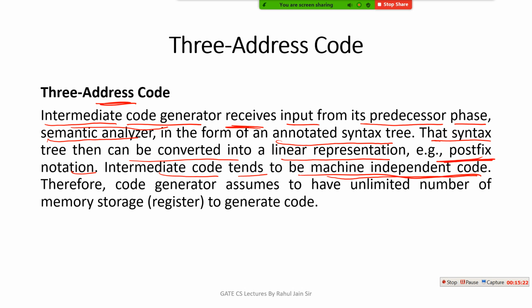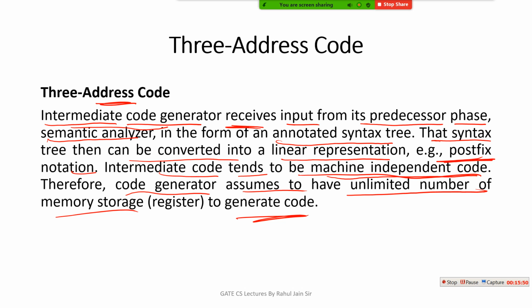Machine independent code does not depend on the operating system or the configuration of the system, while machine dependent code depends on the configuration of the machine. Therefore, code generators assume an unlimited number of memory storage registers to generate code. It is just a theoretical part.